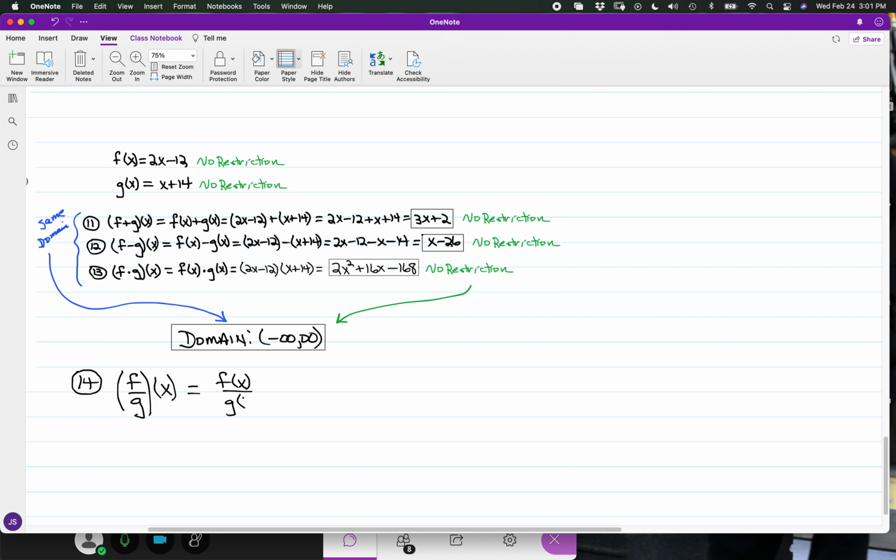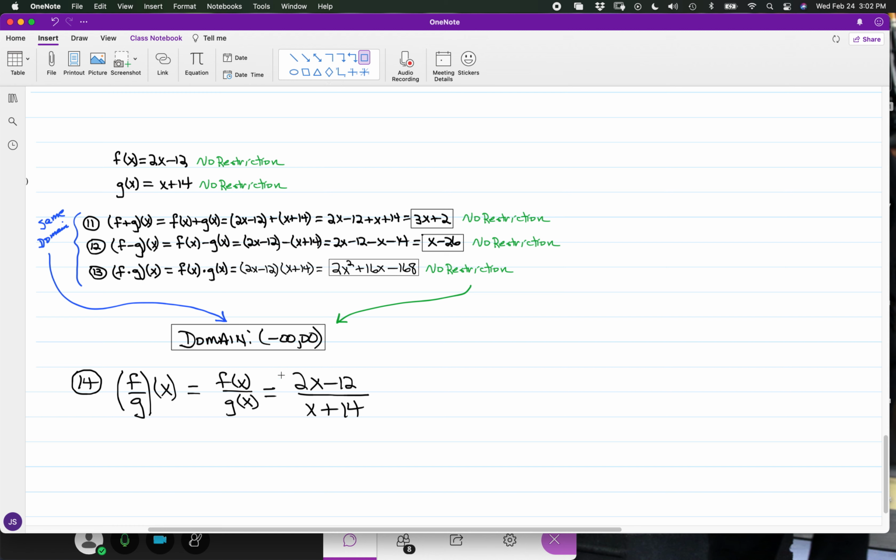Filling in, f of x we have as 2x minus 12, and g of x we have as x plus 14. This will be the resulting quotient function.